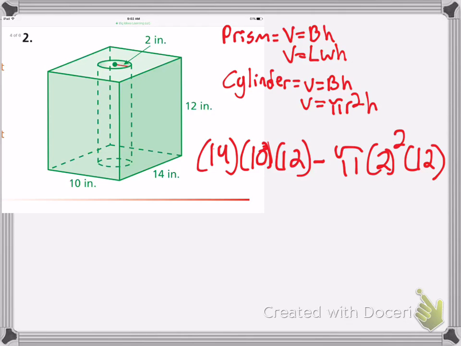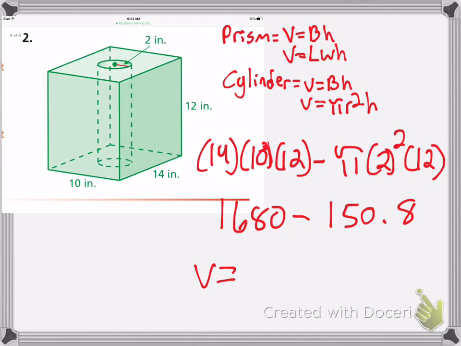So now we get 1,680 minus 150.8, and the volume of our composite figure is 1,529.2 inches cubed.